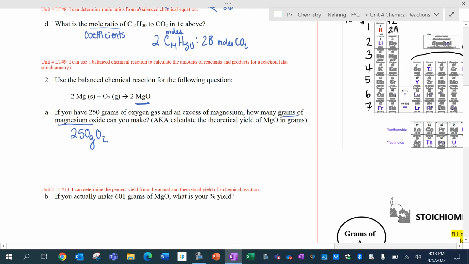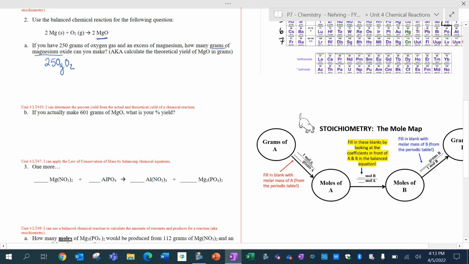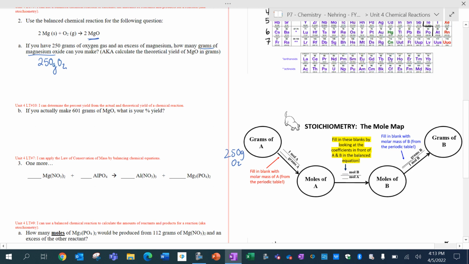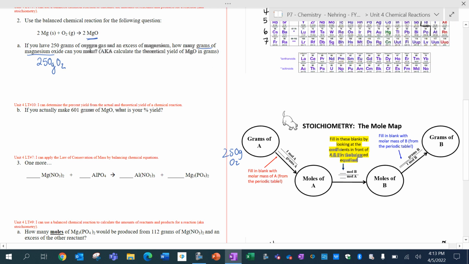So we're going to use our mole map, and we're starting over here with 250 grams of oxygen. And this mole map can help tell us the steps we can take to get from where we're starting, which in this case is grams of oxygen, to what we want to find, which in this problem is grams of magnesium oxide. So our first step is we're going to use the molar mass to convert grams of oxygen into moles of oxygen.